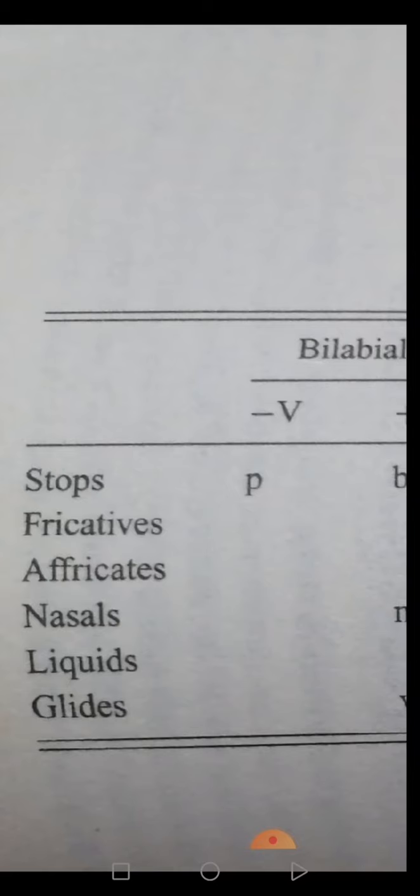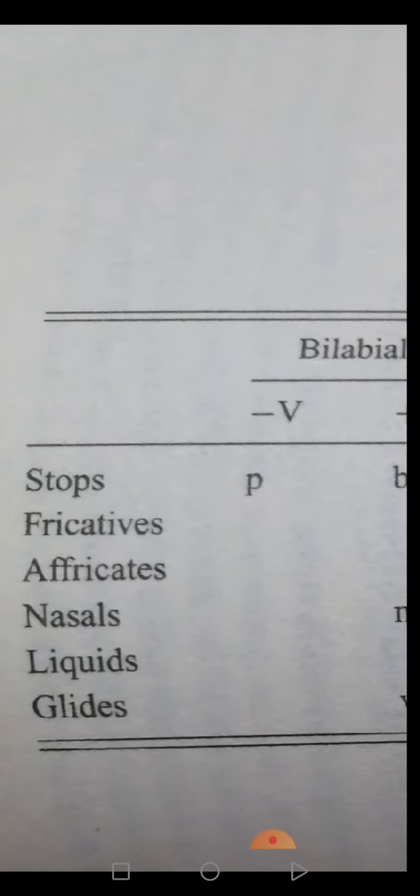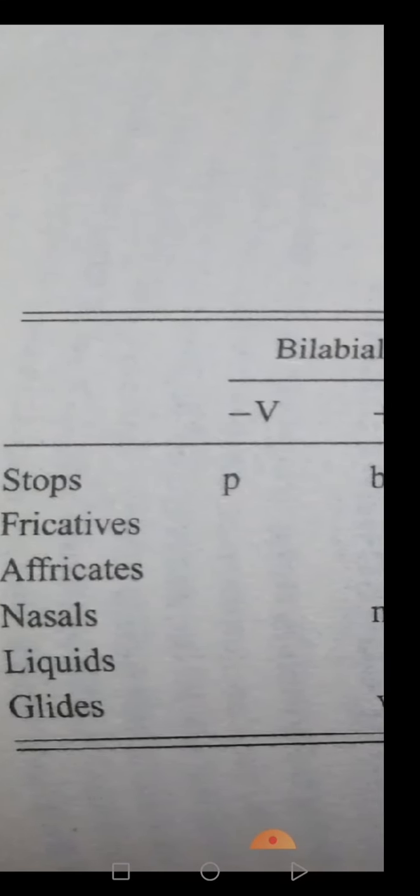Later, after this lecture, God willing, I am going to give you first of all examples of these sounds in words. I give you, for example, a word which has the sound p, and a word that has the sound b, and then we compare p, b, plosive, and then like this.